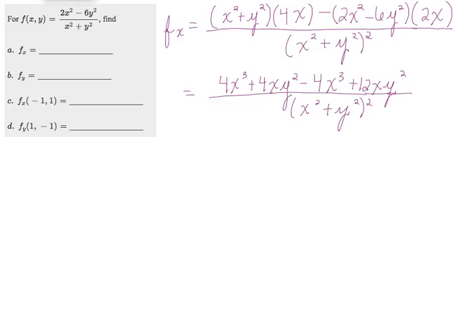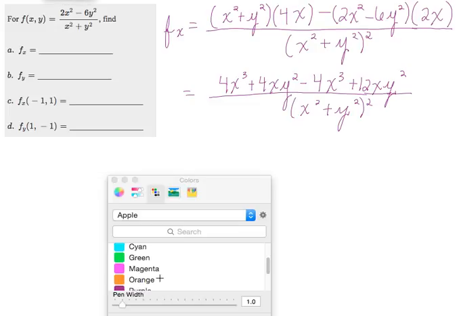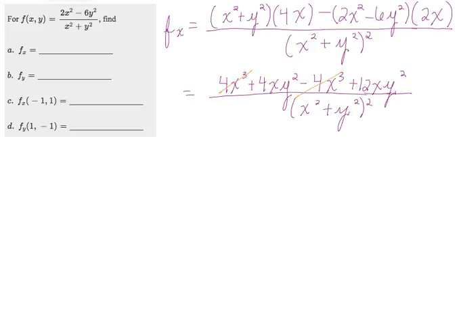And yeah, it looks like the 4x cubes cancel. And then we can combine the xy squared terms in the numerator. 4 plus 12 is 16. Okay, so that's the partial of f with respect to x.